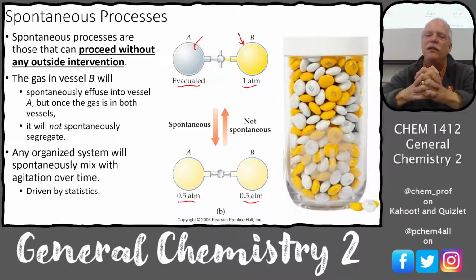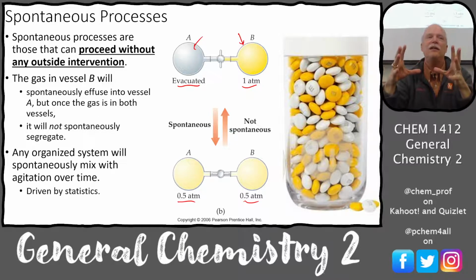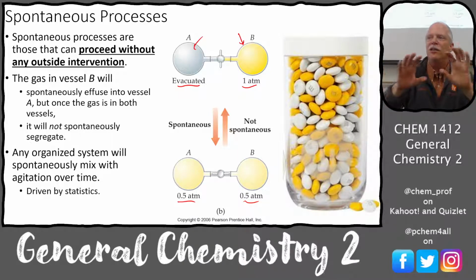And so there's more to it than entropy. Entropy is higher when things are mixed, but sometimes things do segregate. And so on Wednesday and Friday we will get into what really drives spontaneous processes. It's the Gibbs free energy. It takes into account the enthalpy and the entropy to give us a true measure of what spontaneous is.